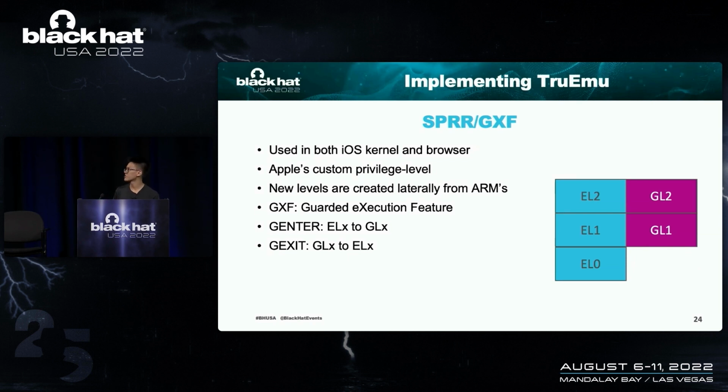To enter it, you use the genter instruction, which is a non-standard one. And you can use gexit to exit from guarded mode to normal mode. The difference between guarded and normal mode is that guarded mode can have different permissions. So you can create pages that can only be written by guarded mode but cannot be modified by normal mode.